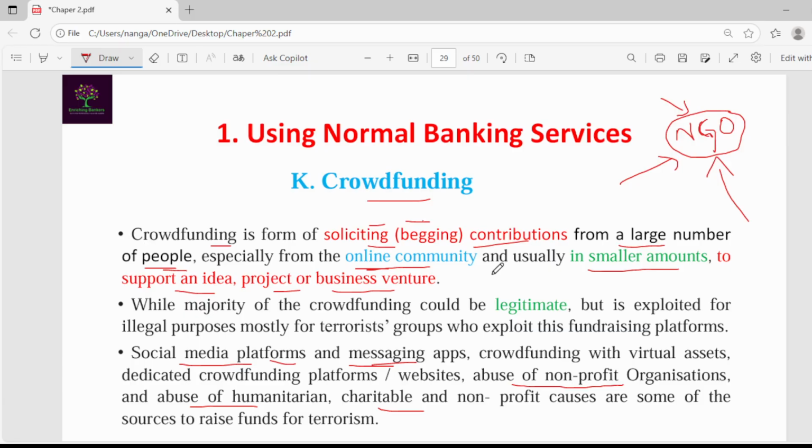So for conversion of illegal funds and for hiding their illegal activities, they use these types of NGOs and raise contributions. So terrorists and money launderers also use crowdfunding for their illegal activities.